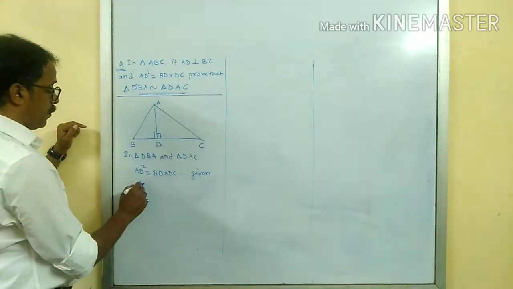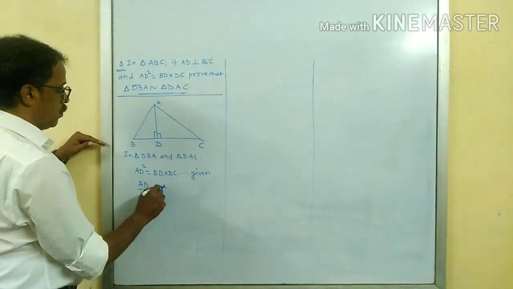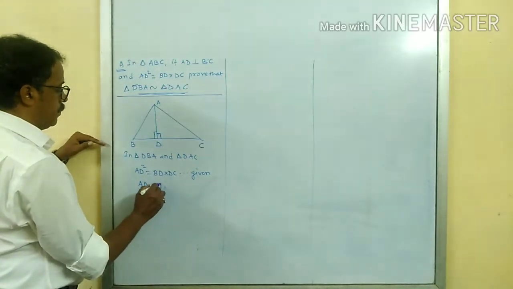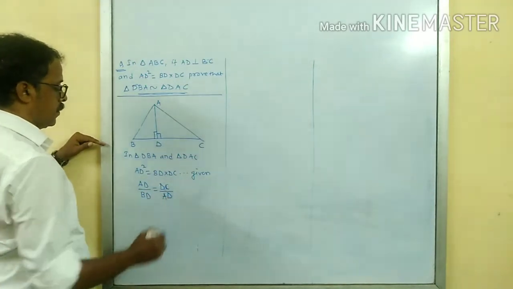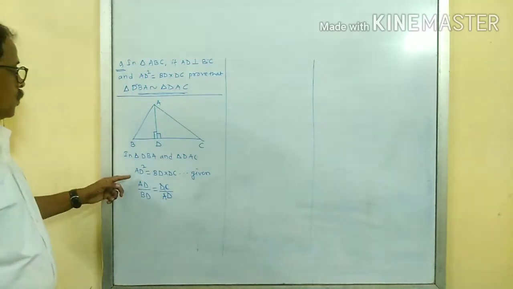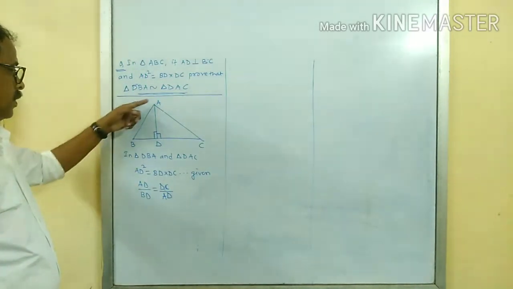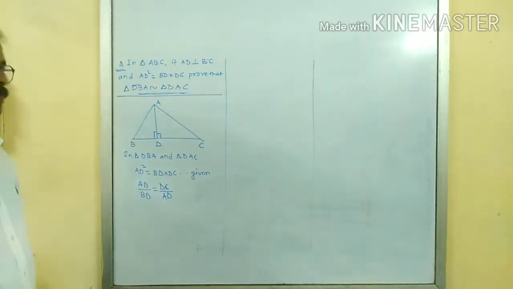So can we write AD upon BD is equal to DC upon AD? What I did was just interchange the places of AD and AD. So AD upon BD is equal to DC upon AD.